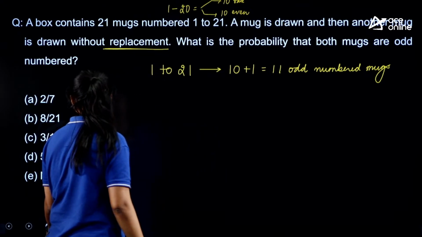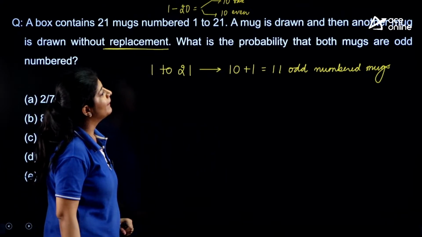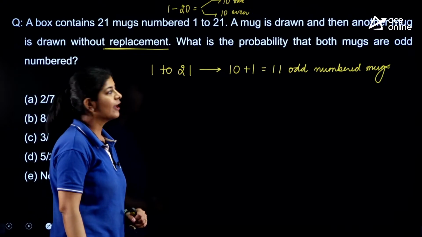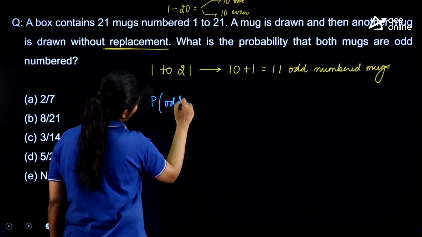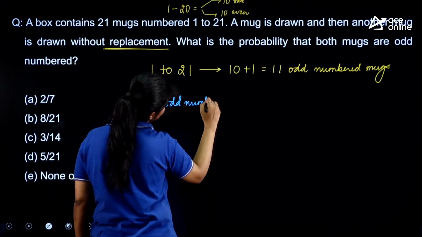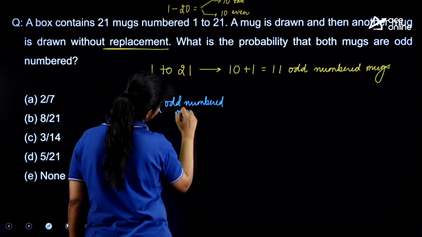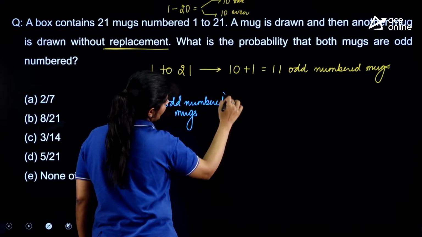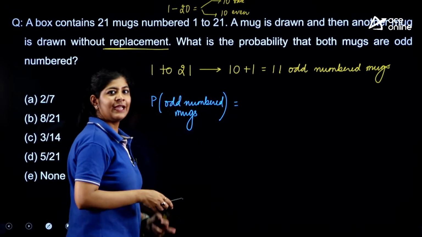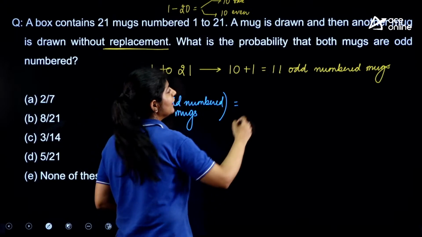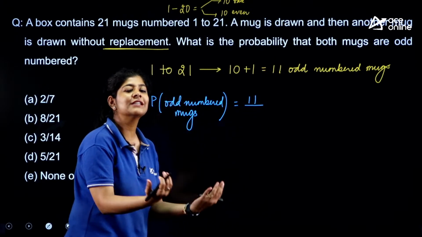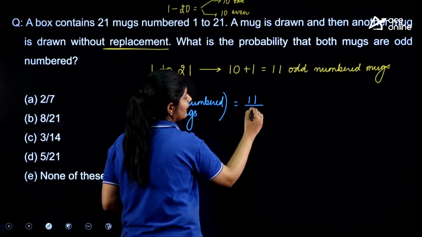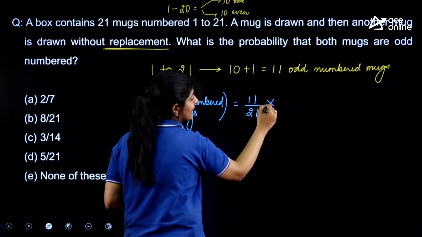Now the question says we need to find the probability that both mugs are odd numbered. So initially I am drawing one mug, right? From 11 I only want one, but in total I have 21 mugs, multiplied by.